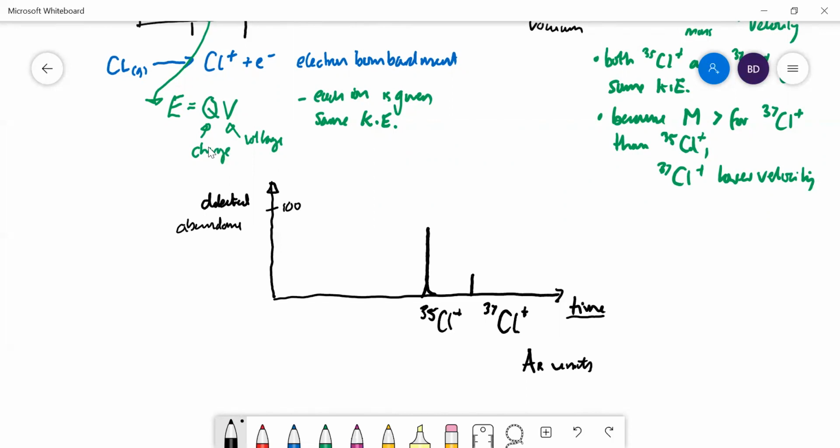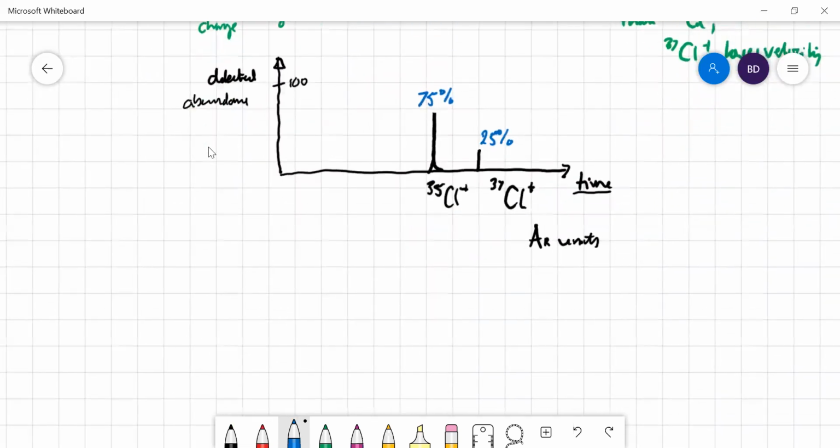So you can see, the way I've drawn it there isn't quite right, but that should be about 25%, so that should be about 75%. That peak is high, and this one's only a third of the height, that's 25%. So you can tell you've got 75% 35 and 25% 37 chlorine. So that's how it works. We need to know how the detector works.